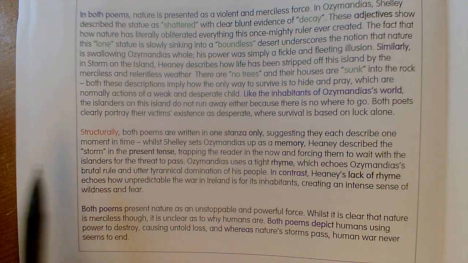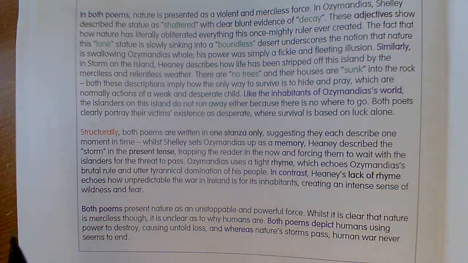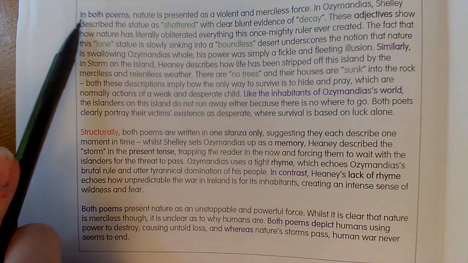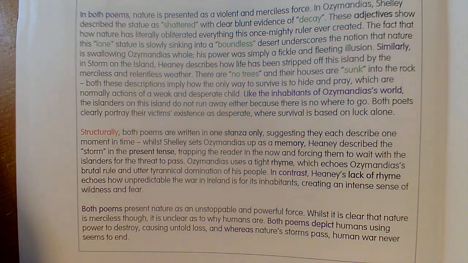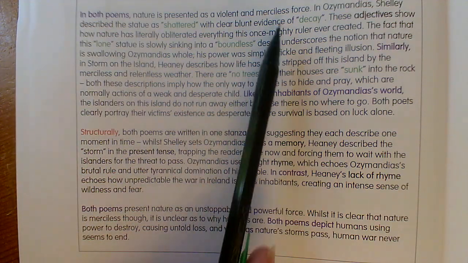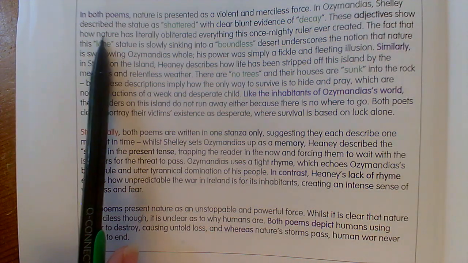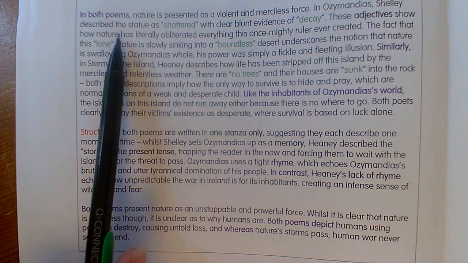So you can rest assured that this is about 2 sides, because obviously the font here is quite a small one. It's quite a narrow font. So I've said here, in both poems, nature is presented as a violent and merciless force. In Ozymandias, Shelley describes the statue as shattered, with clear, blunt evidence of decay.